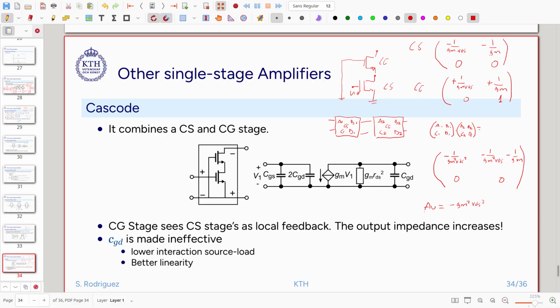So what has happened here, basically this transistor here, we call it M1 and M2. See here M2. This transistor sees transistor 1 as a big resistor.